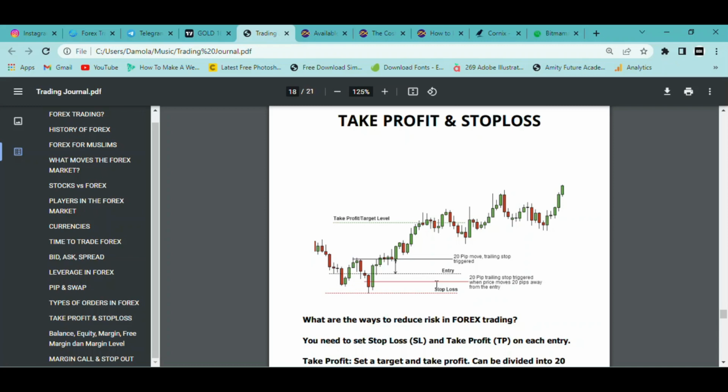Although you're going to be running at a loss, it's not a total loss, because you are risking an amount of money just so that in case there is no demand for it, you can have something to bank with. So the stop loss is the amount of money you tend to risk from the good you're purchasing.